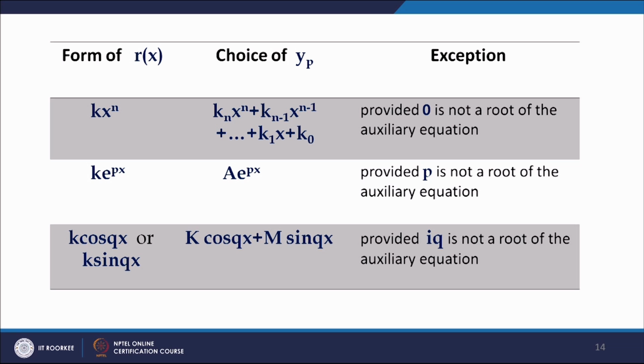So, if in the first column we have given the form of Rx, in the second column we have given the choice of yp(x), provided we have these exceptions.